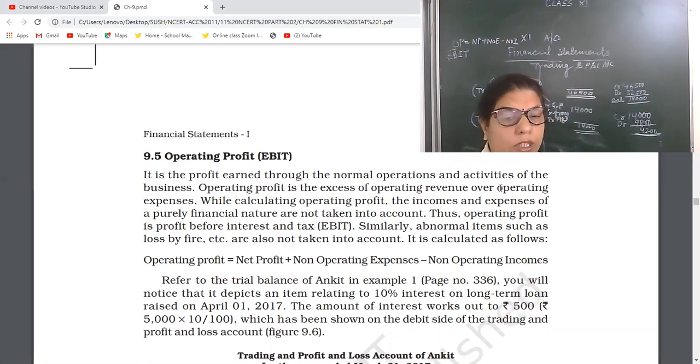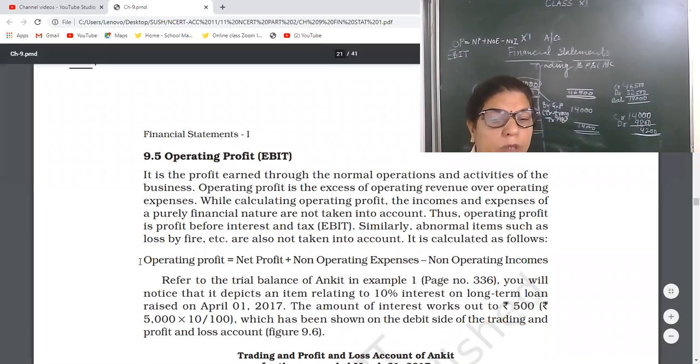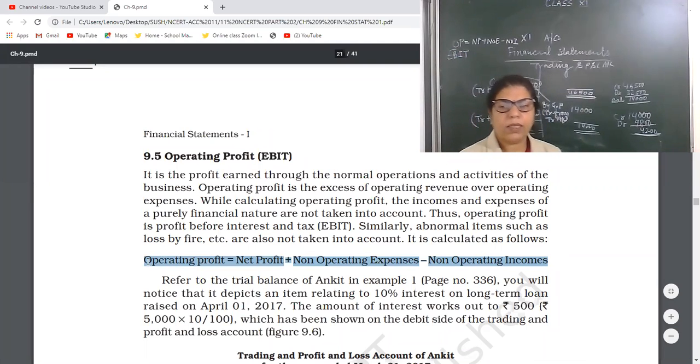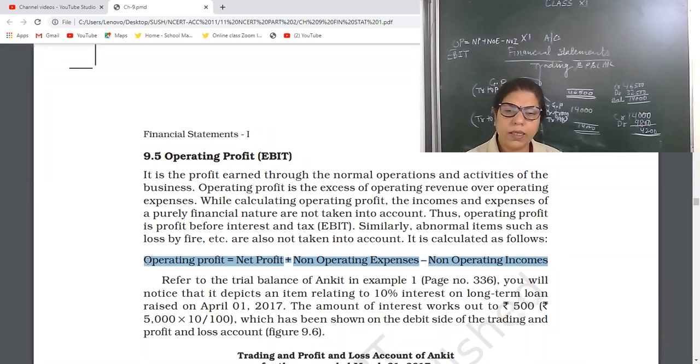Non-operating means those expenses or income which are not related with the normal activities of the business.